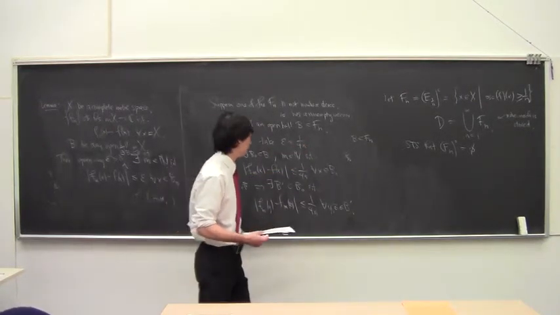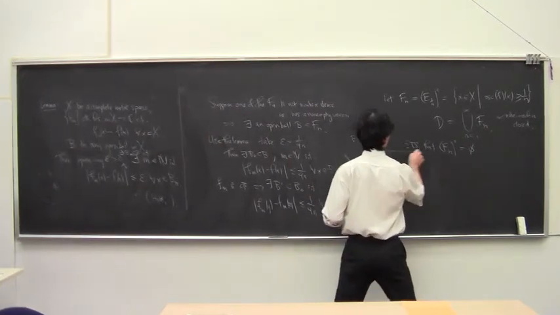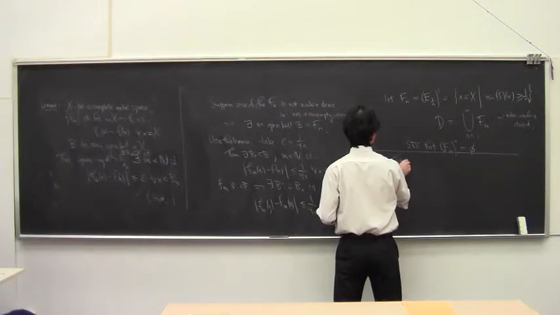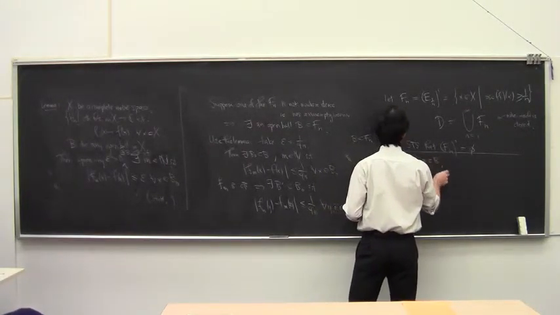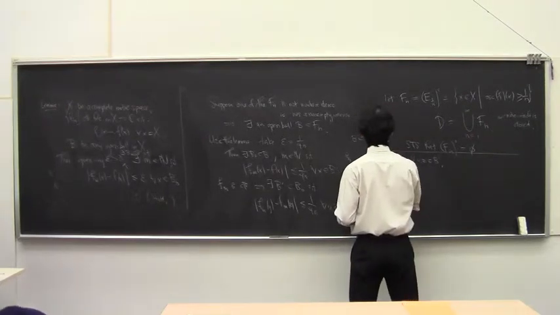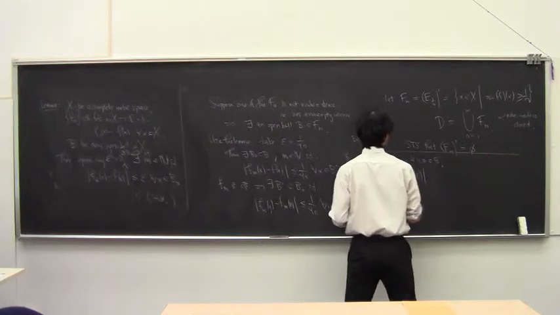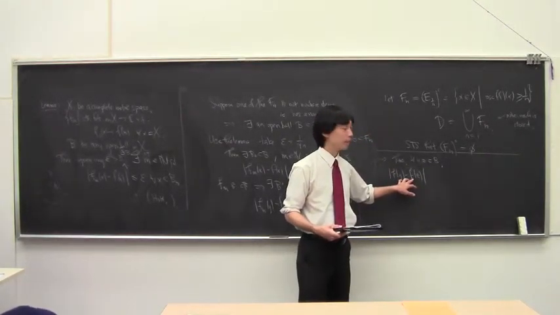Okay, let me write it out. Plus for all y, z in that little ball, f of y minus f of z. We're going to show that we have control of the oscillation of f there.